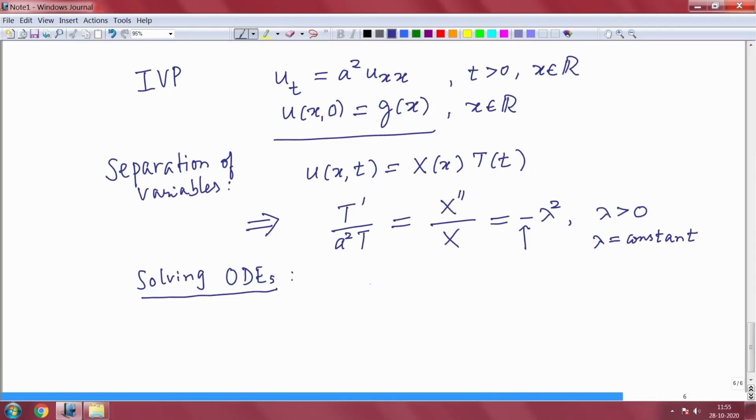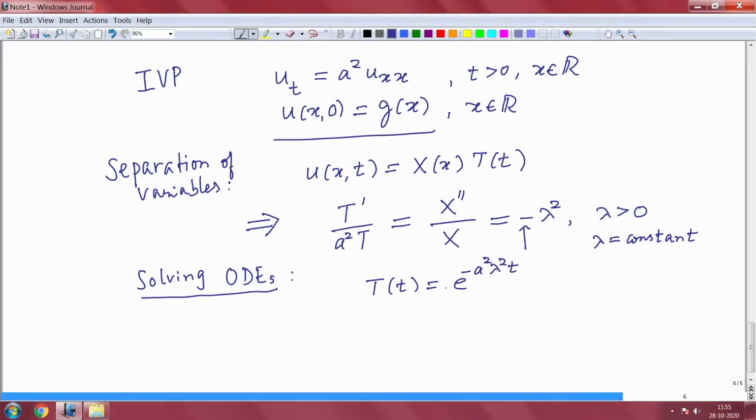That gives us T(t) equal to exponential of minus a square lambda square t.